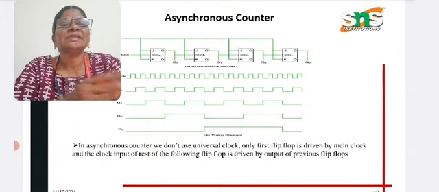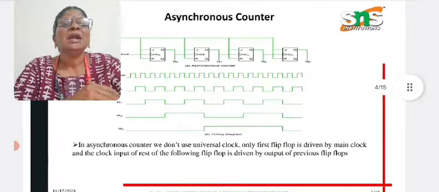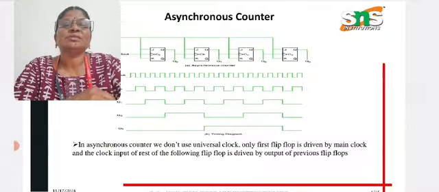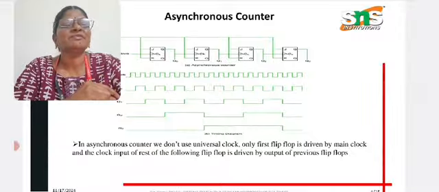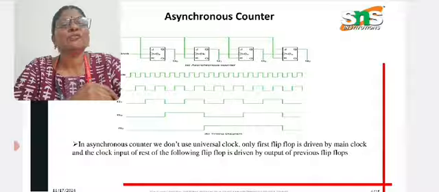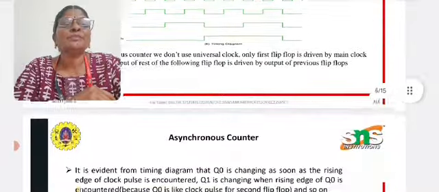This is the circuit diagram of the asynchronous counter and the timing diagram of the asynchronous counter. In an asynchronous counter, we don't use a universal clock. Only the first flip-flop is driven by the main clock, and the clock input of the rest of the following flip-flops is driven by the output of the previous flip-flops.